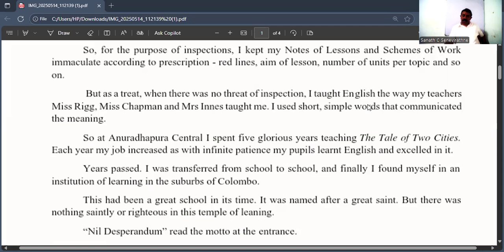Now it is understood that the writer here tries to tell something important.